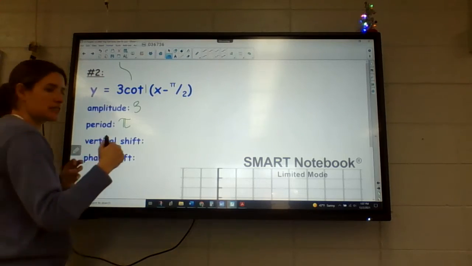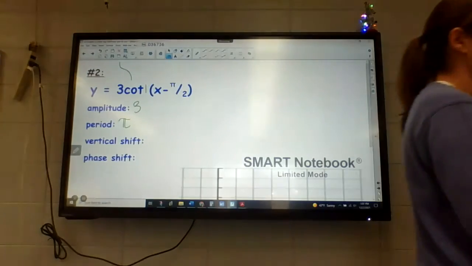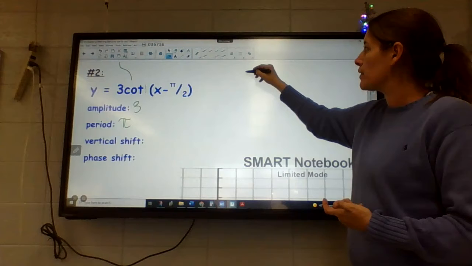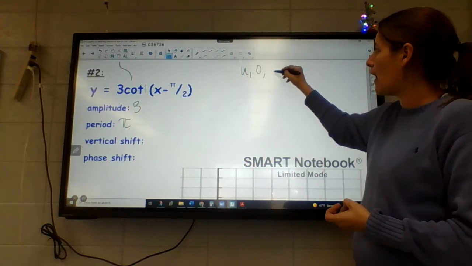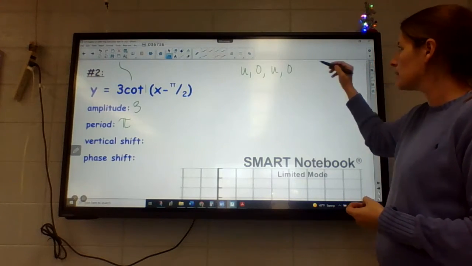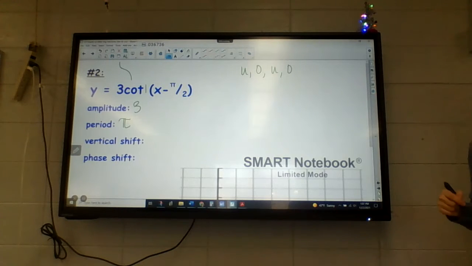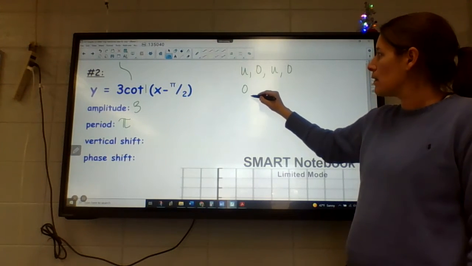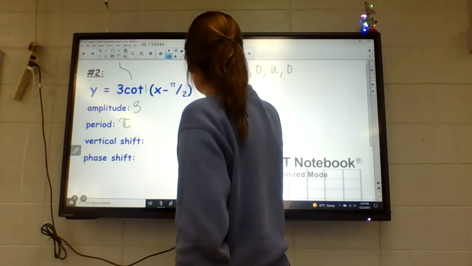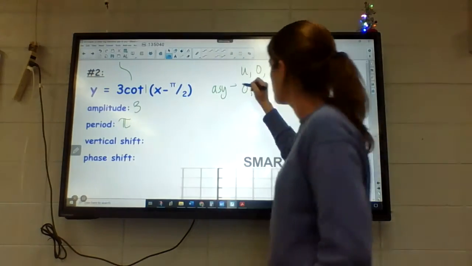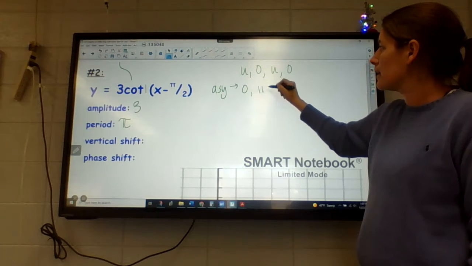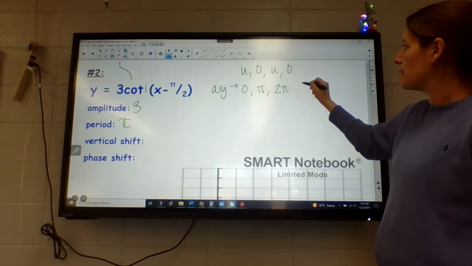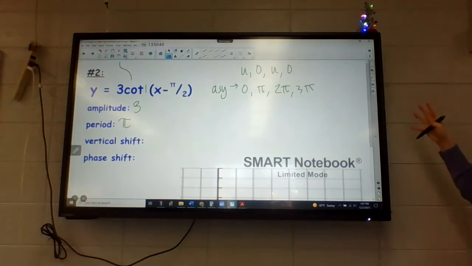Now cotangent typically begins with an asymptote. So it goes undefined, 0, undefined, 0. So this one has asymptotes at 0, pi, 2 pi, 3 pi, all the normal whole values. However, what's this graph doing?